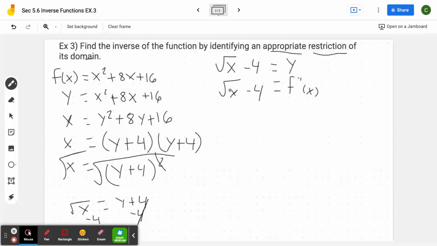Knowing what we know about radicals, we should obviously know that our x values must be greater than or equal to 0. Because if I have negative numbers inside a radical, that will give me imaginary numbers. So x must be greater than or equal to 0. So that's going to be the appropriate restriction of its domain.